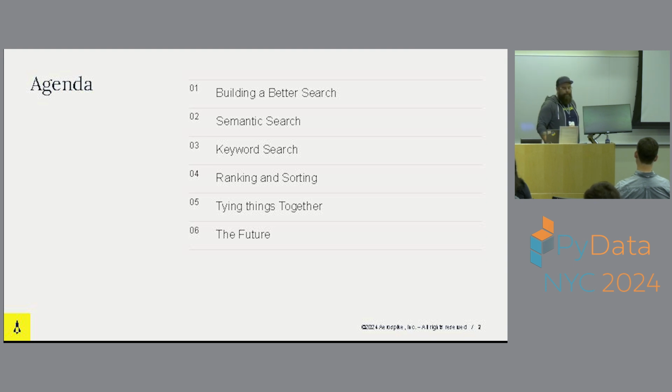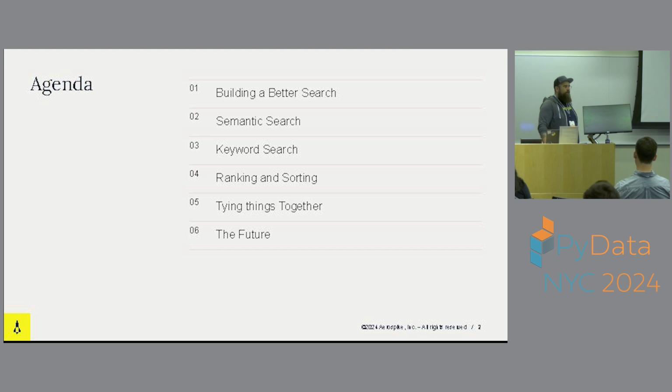So we'll talk a little bit about building a better search first. And then we're going to get into semantic search, so using the vector database and building out that function. Keyword search, so the inverted index, what we did there, how we worked with that data, and then ranking and sorting, right?